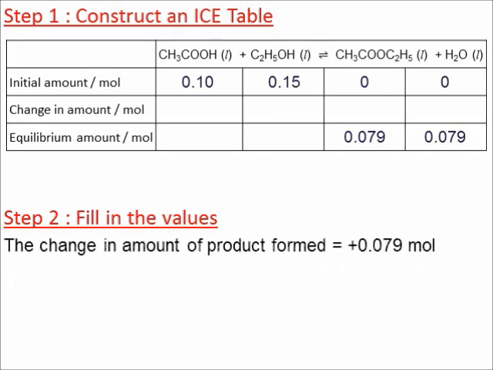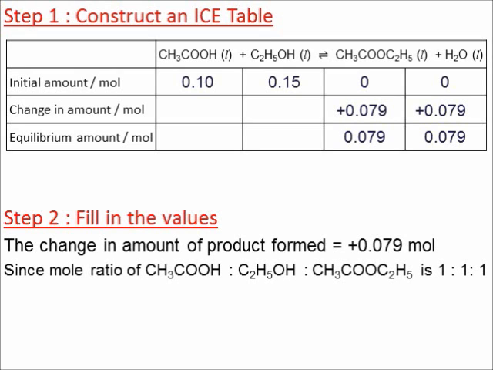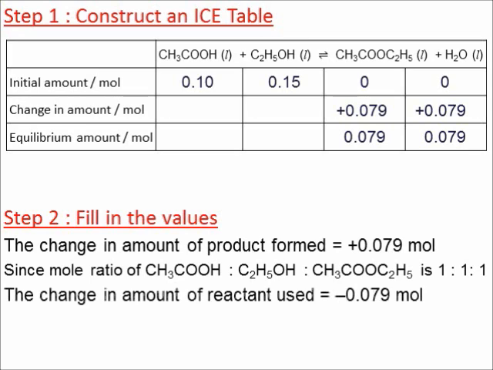We are thus able to calculate the change in the amount of product formed, which is an increase of plus 0.079 mole. From the stoichiometry of the reaction, there is a decrease in the amount of reactant by minus 0.079 mole. And the second row is completely filled up.